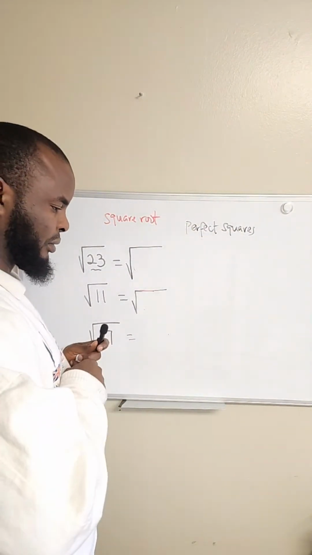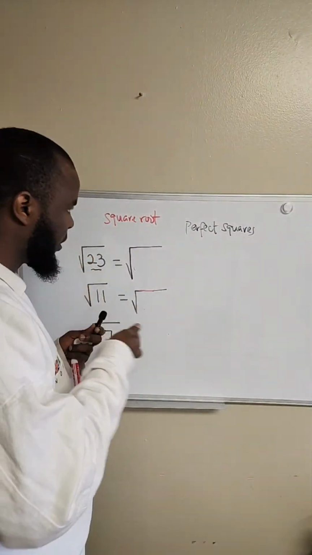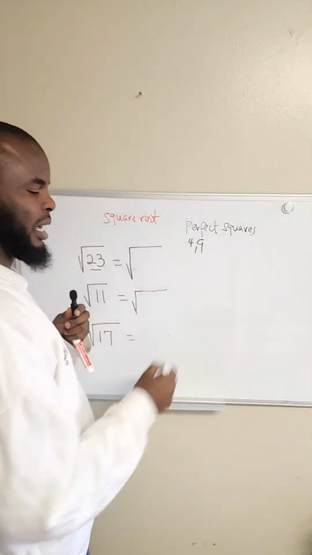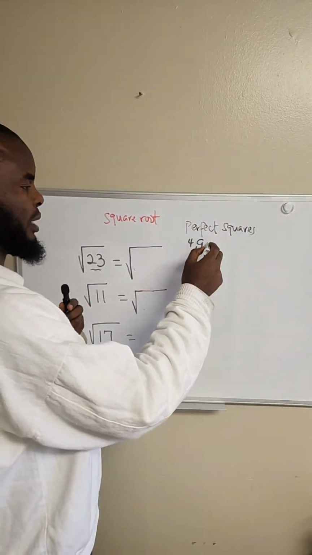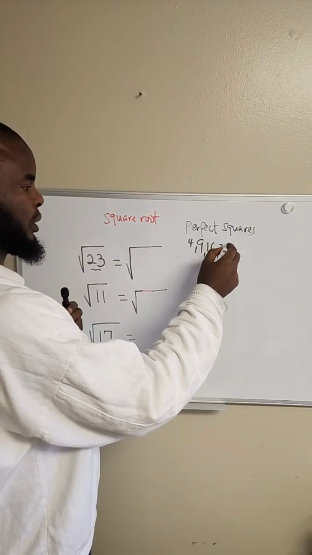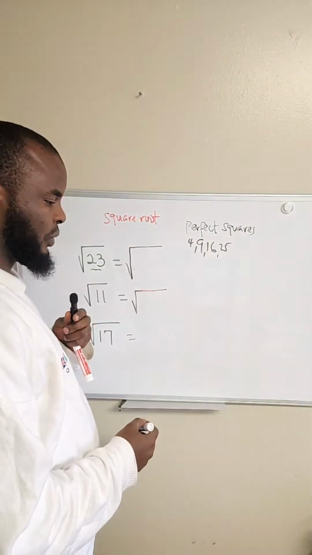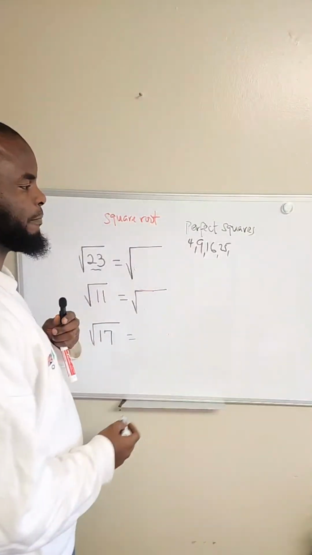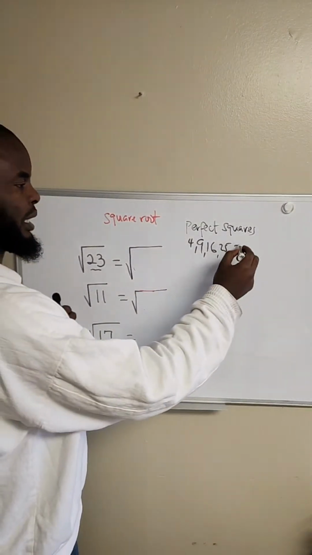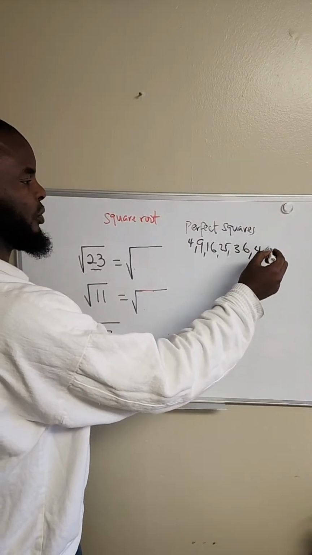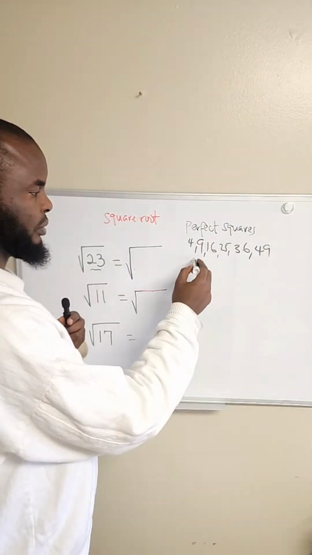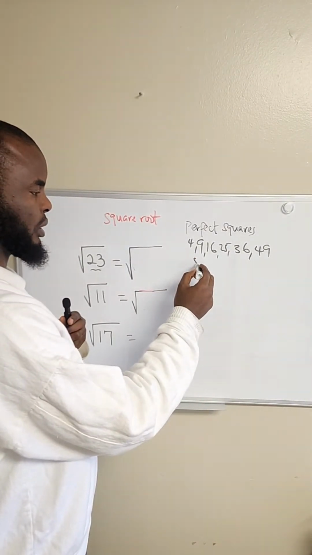So we have 4, we have 9, we have 16, 25, we have 36, we have 49. So many numbers. We have 64.